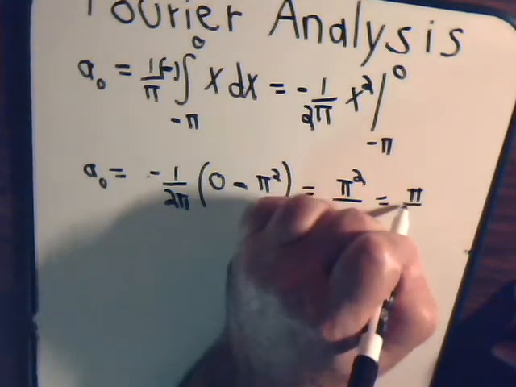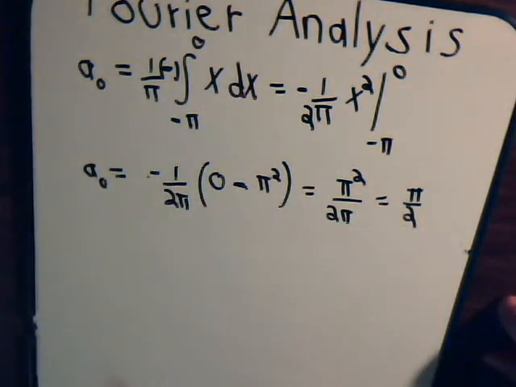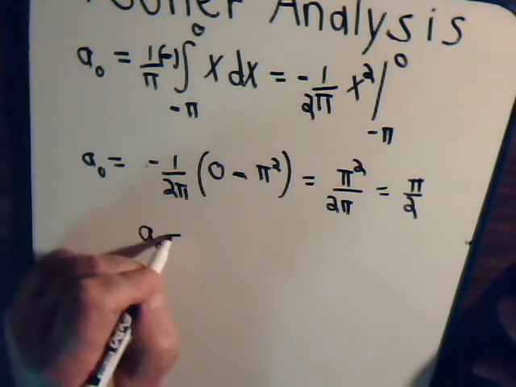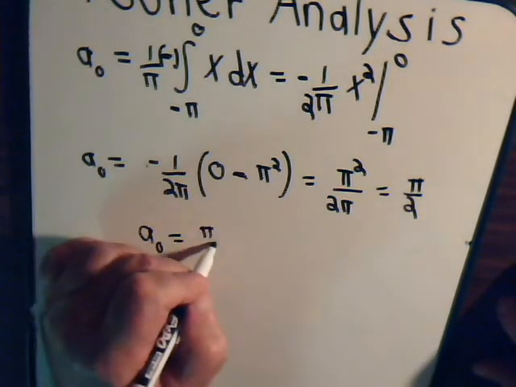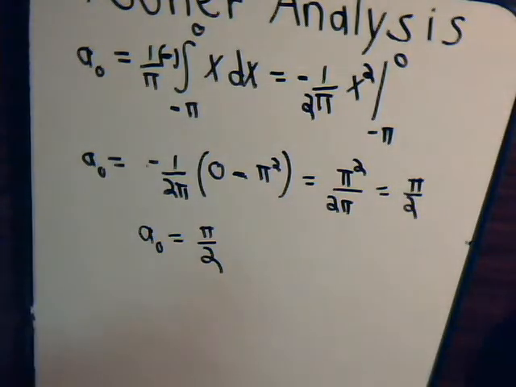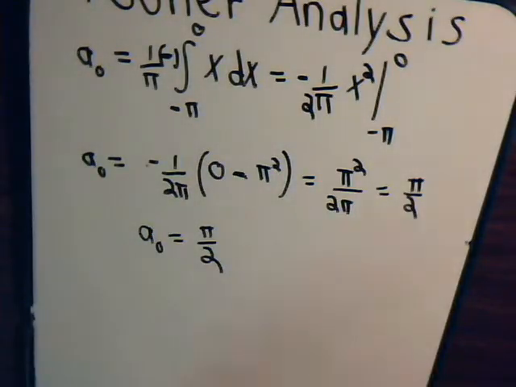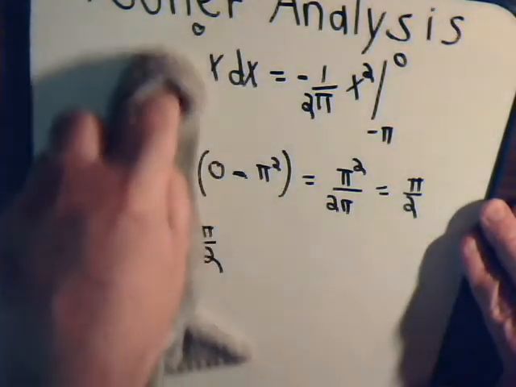That equals pi over 2. So a naught equals pi over 2. There is our first result. And again, we can think of this as the average of the function. Okay, well now we've discovered what a sub 0 is. Let's see if we can find what a sub n is.